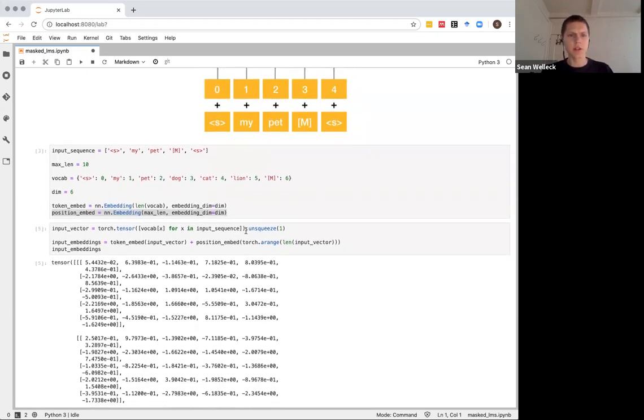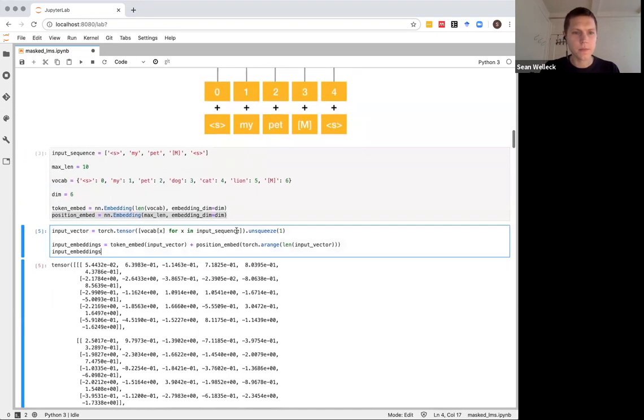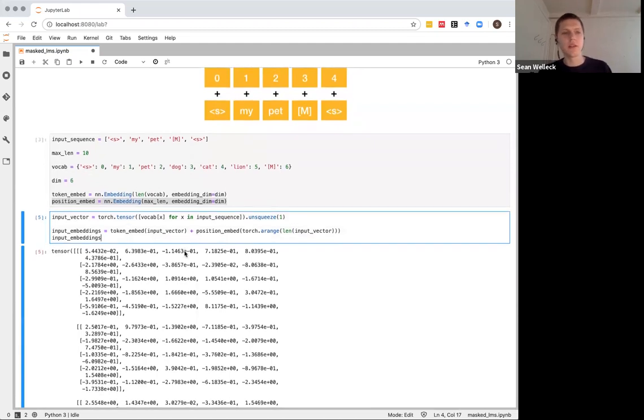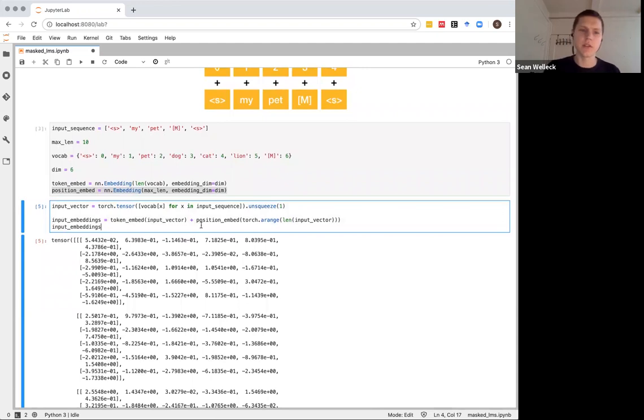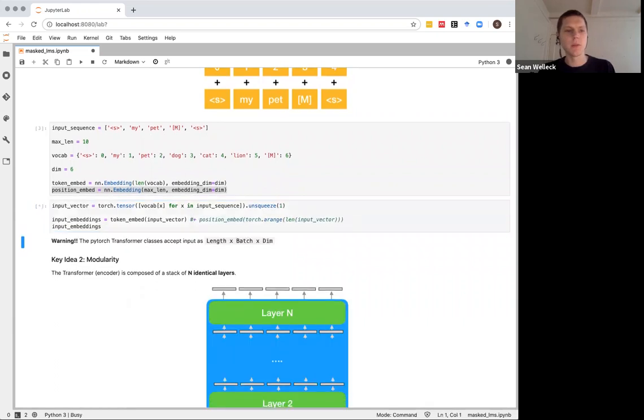So this might actually be incorrect. I think it should be 1 by 5 by 6. I'm guessing something's happening incorrectly here with the addition. So let's just debug this real quick.